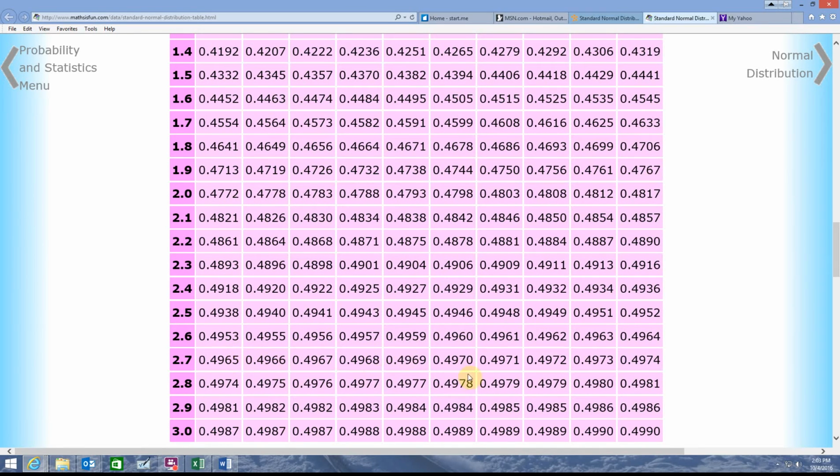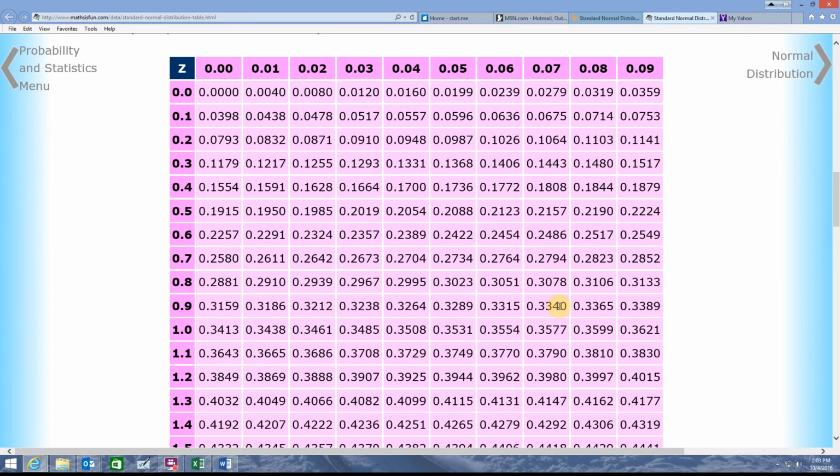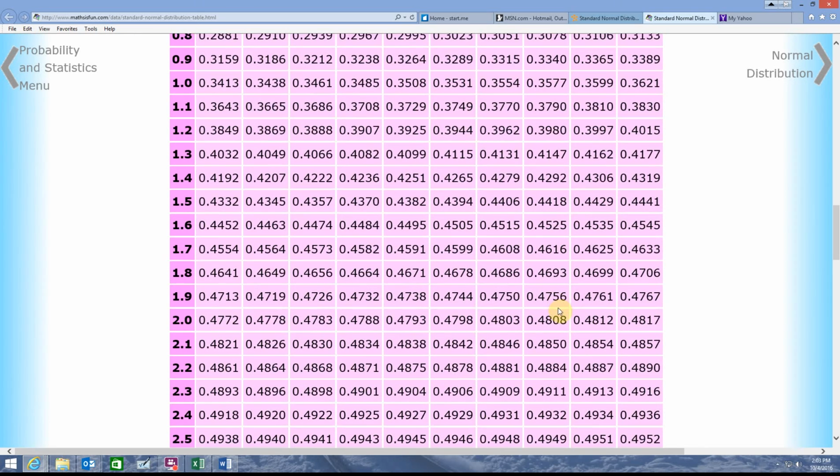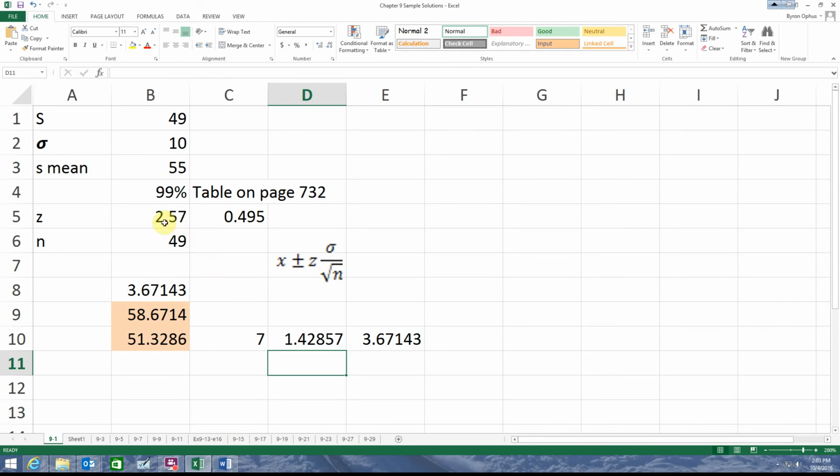What you're looking for then is just 0.495 in this mess here, right? 2.57. If I really wanted to get official, I could say 2.575. That would be even more accurate than what I have, but 2.57 should be fine.